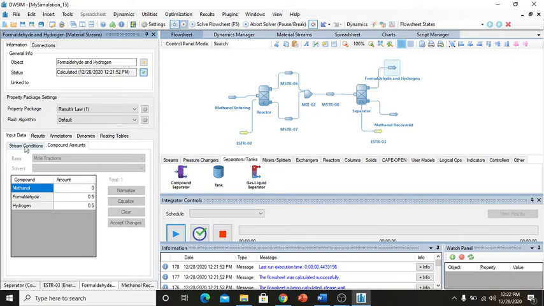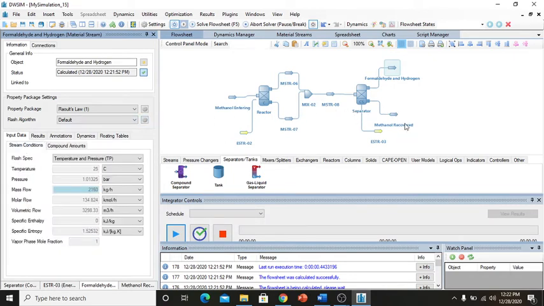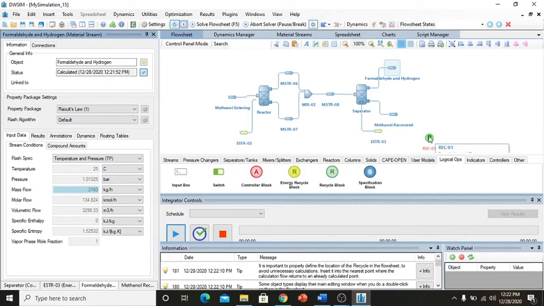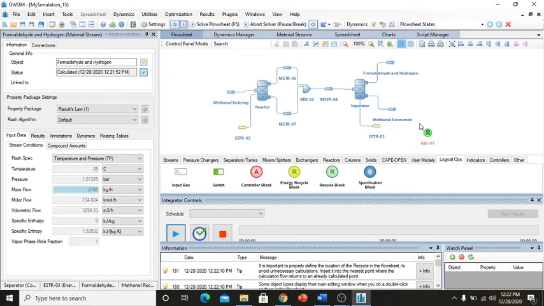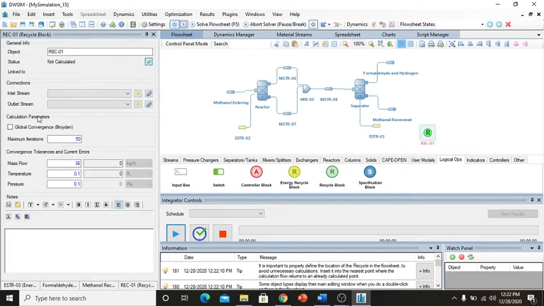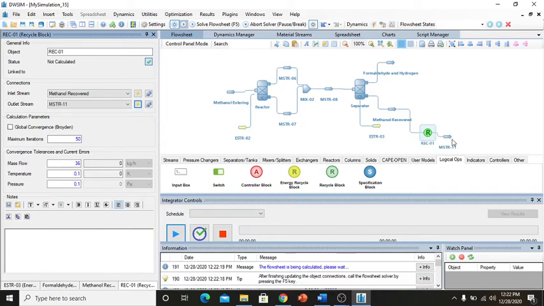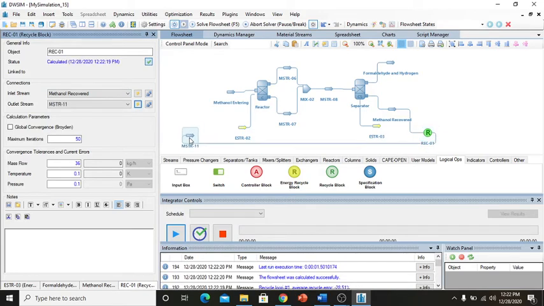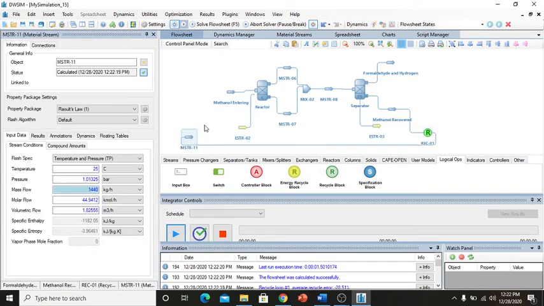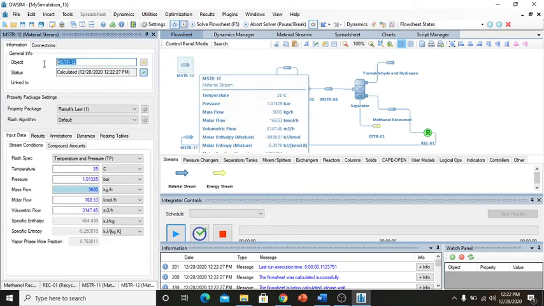Okay, so basically here we will be using a recycle block, because the methanol recovered is to be recycled back to the reactor. So the methanol recovered and the outlet stream. Okay, here. We need another stream for the fresh feed rate. Let's rename this as the fresh methanol.